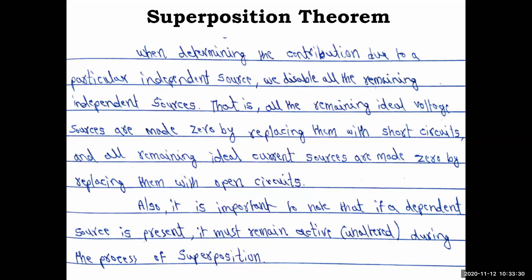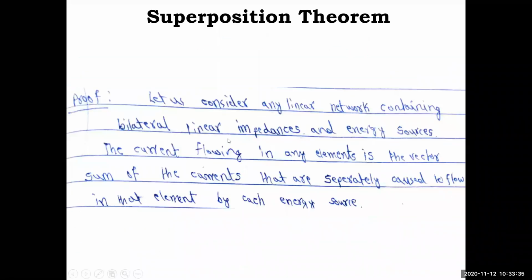So now we'll try to prove this with a simple linear network. Let us consider any linear network containing bilateral linear impedances and energy sources. The current flowing in any element is the vector sum of the currents that are separately caused to flow in that element by each energy source.